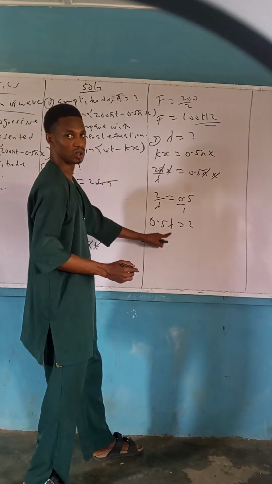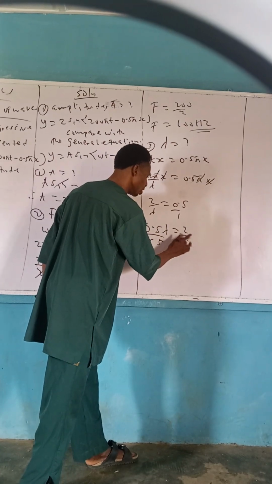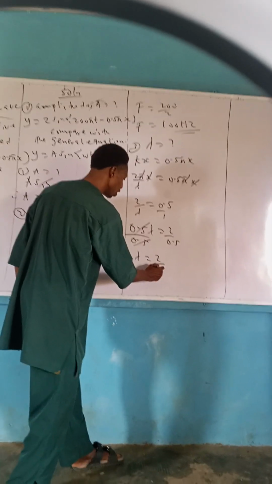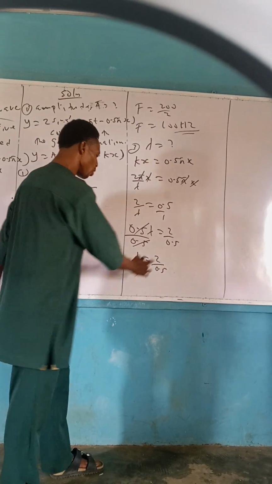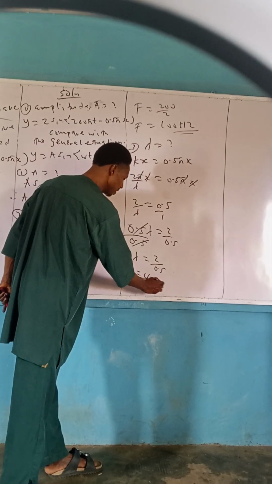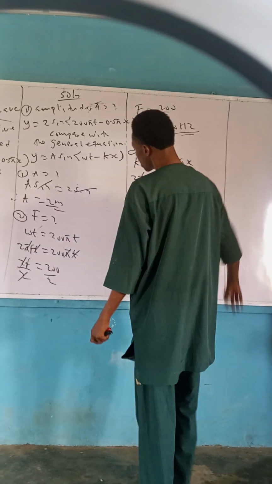I need to get λ, so I divide by 0.5. So λ equals 2 over 0.5. On the calculator, 2 divided by 0.5 gives 4 meters. As simple as ABC.